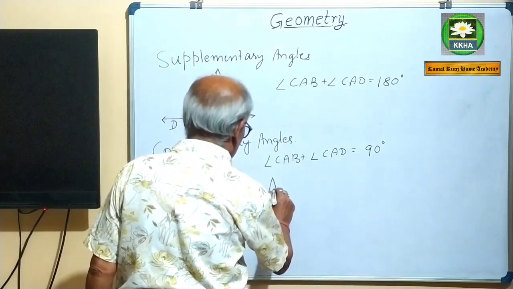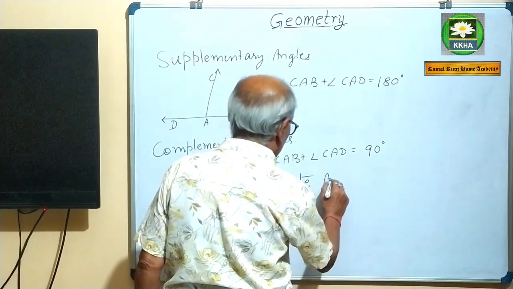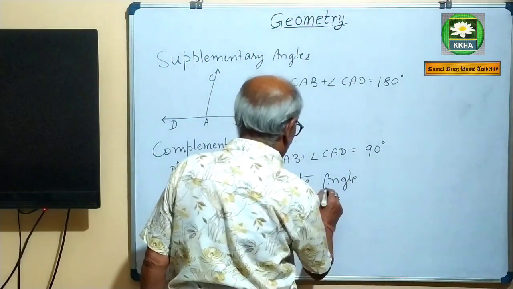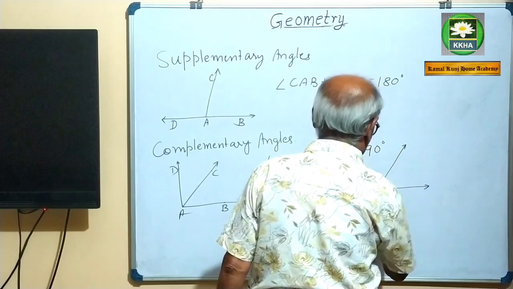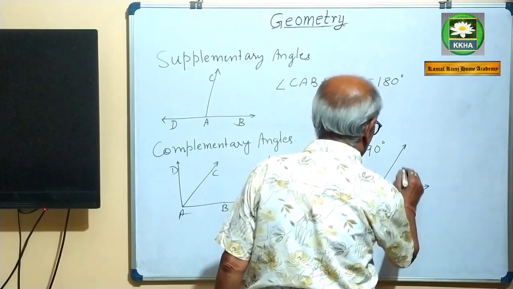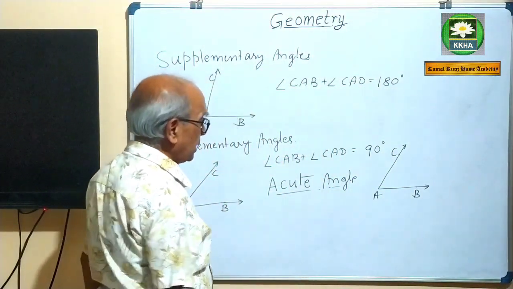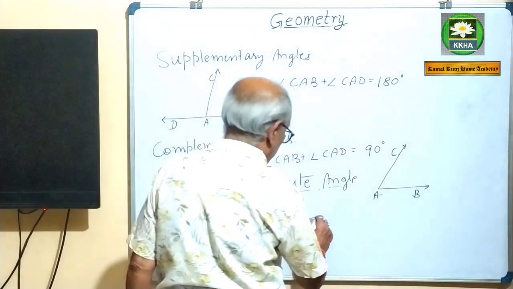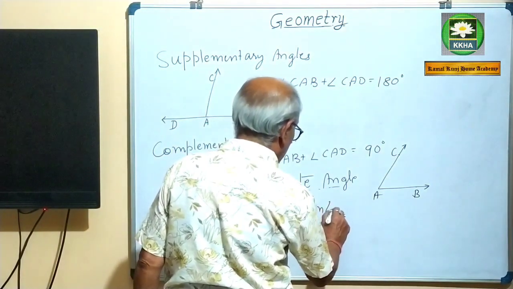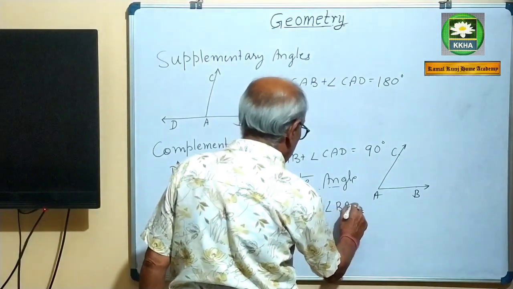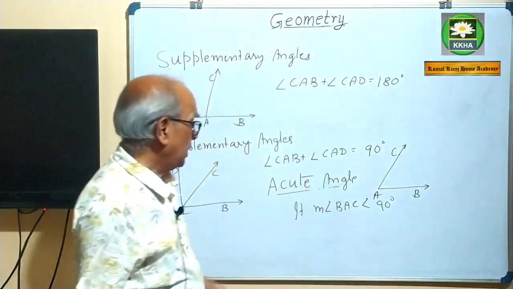What is an acute angle? This angle BAC is called an acute angle if the measure of the angle is less than 90 degrees.